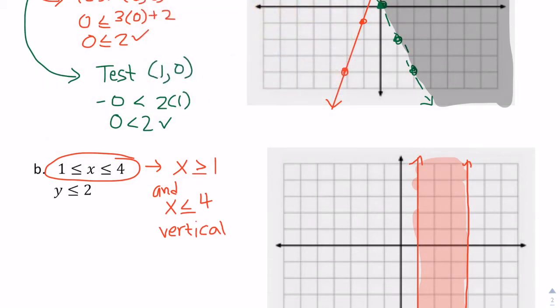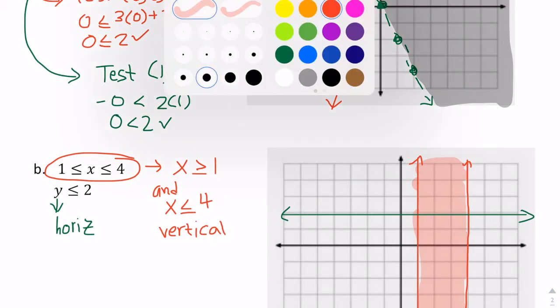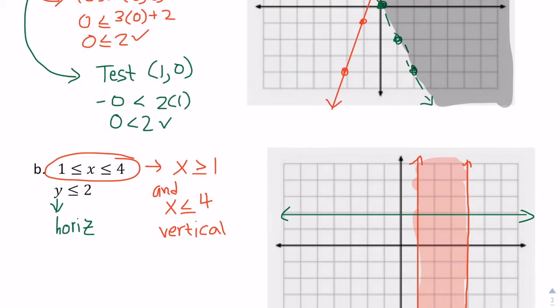Your second one, y equals, is going to be a horizontal line instead. So all the points with y values of 2 would be your boundary line. And shading wise, it's actually all the points with y values less than 2, which would be the ones that are below that line.